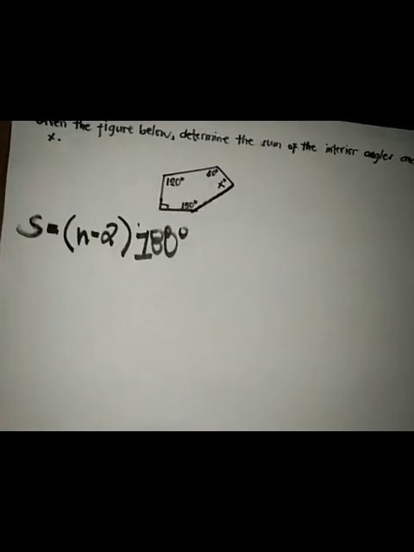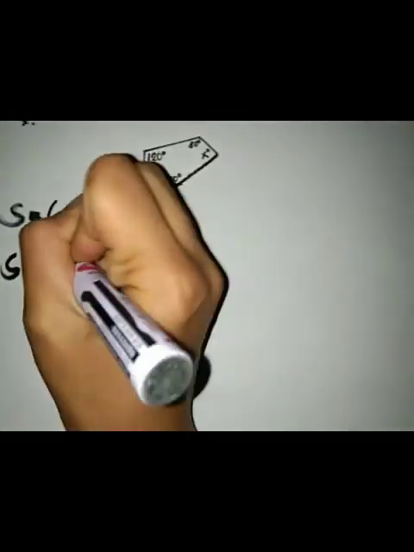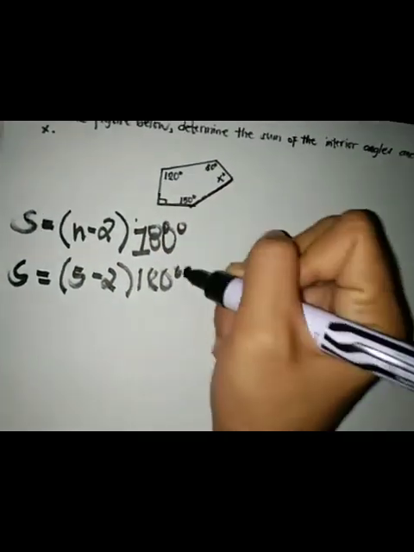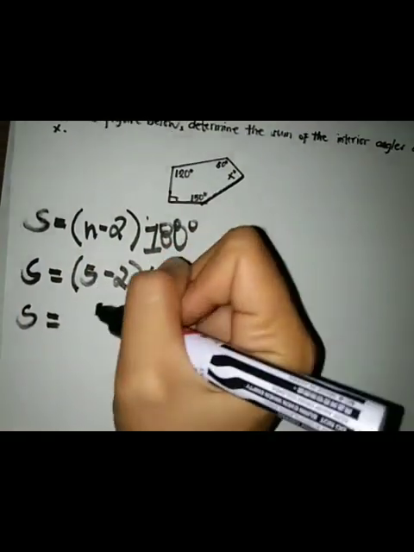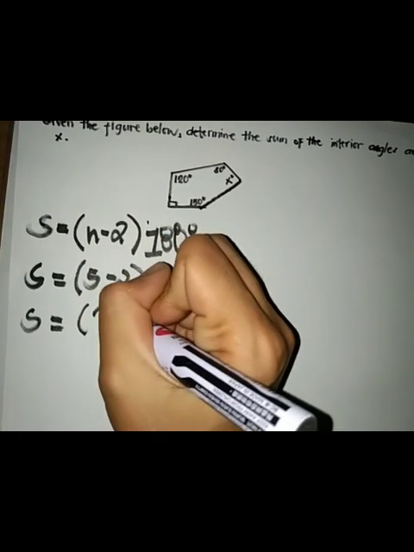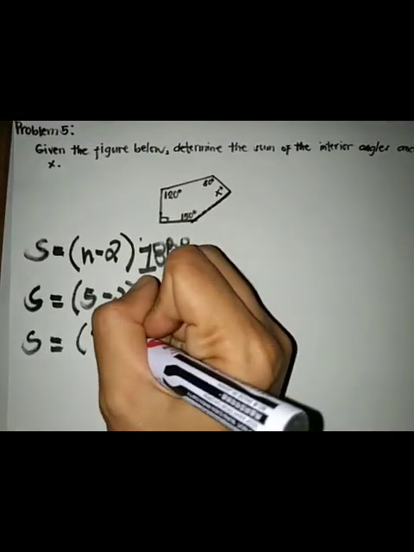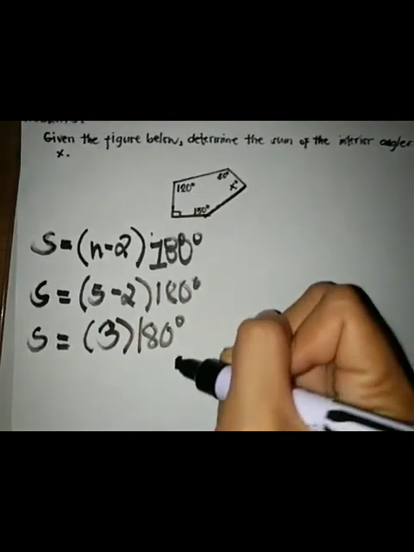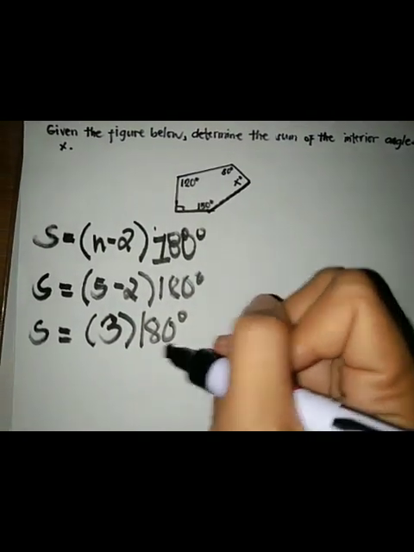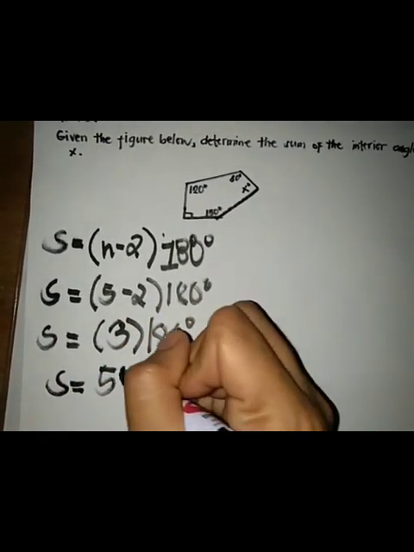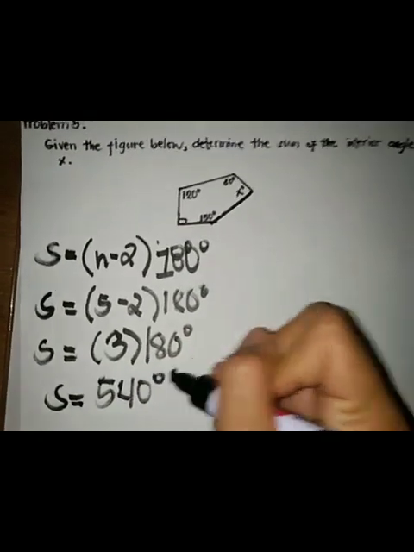So substitute: S equals 5 minus 2 times 180 degrees. 5 minus 2 is equal to 3. So 3 times 180 is 540 degrees.